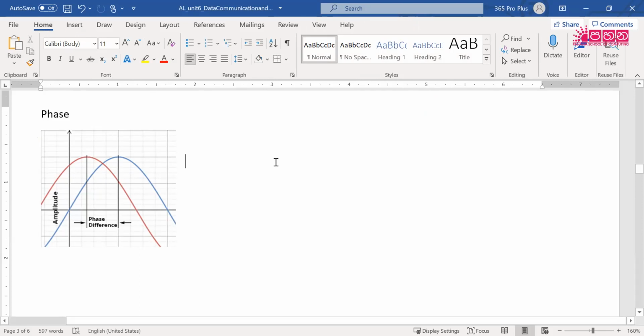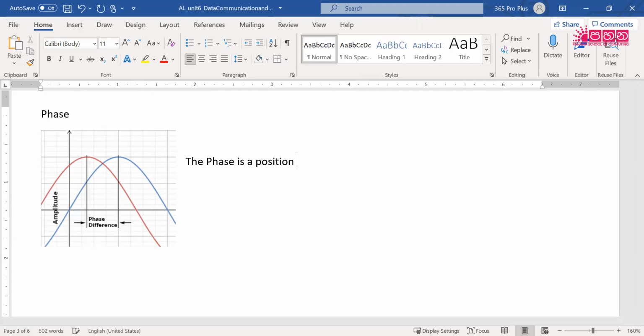So let's write down: the phase is a position of a point in time, because this is varying with time. On this side you have time. As time changes, this will increase and then decrease.